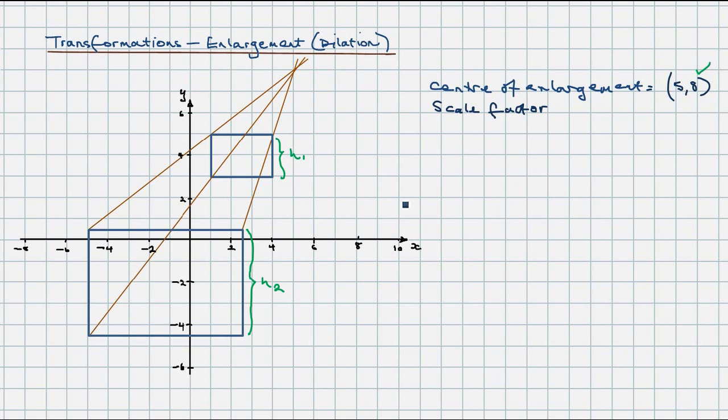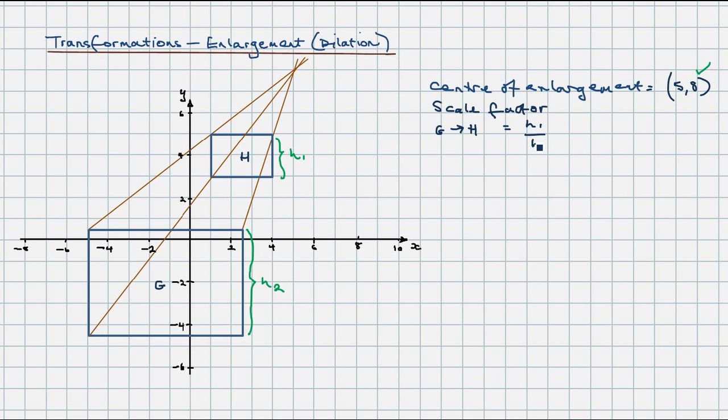We've got an enlargement from, let's call this object G, and this object H. So when we're going from G to H, what we're doing is enlarging by a scale factor of H1 over H2.